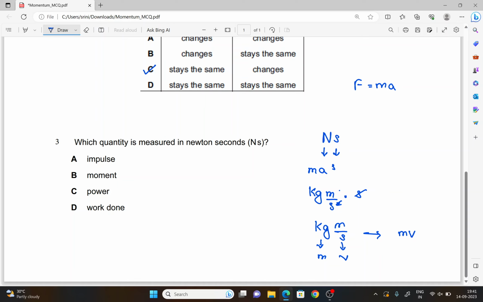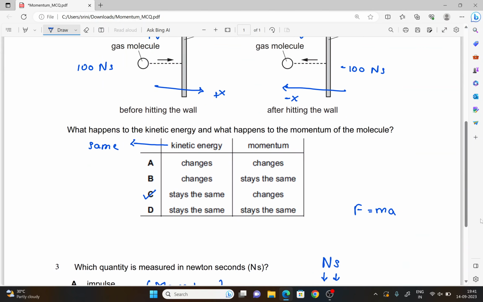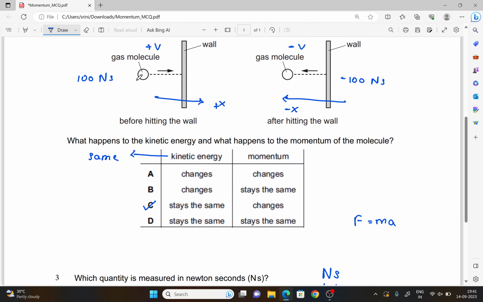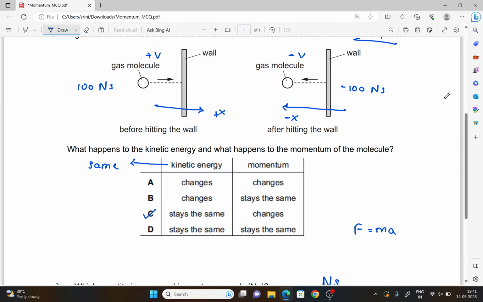That would be momentum. But here we don't have momentum as an option, but we know both momentum as well as impulse share the same units, because impulse is nothing but change in momentum. In the previous question, before hitting the wall the momentum was 100 Newton second. After hitting the wall, the momentum was minus 100 Newton second.